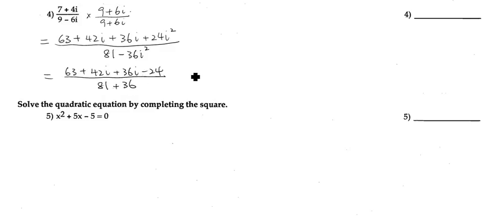So now it would become 63 minus 24. So that would become 39. Am I correct? Plus 78i over 107.